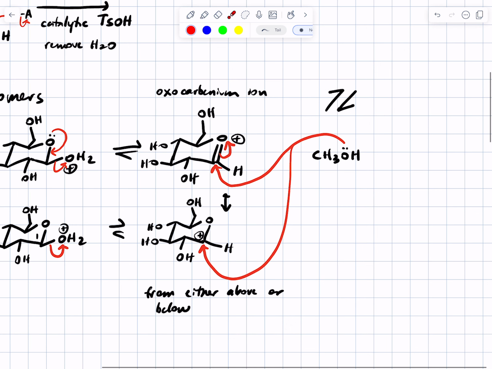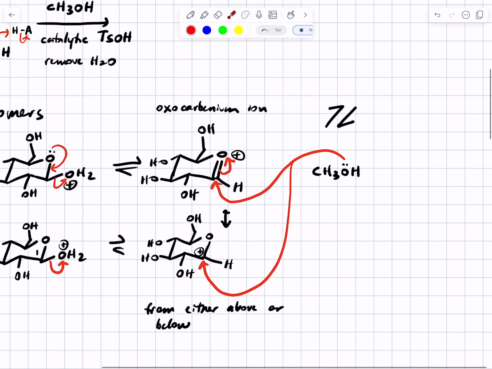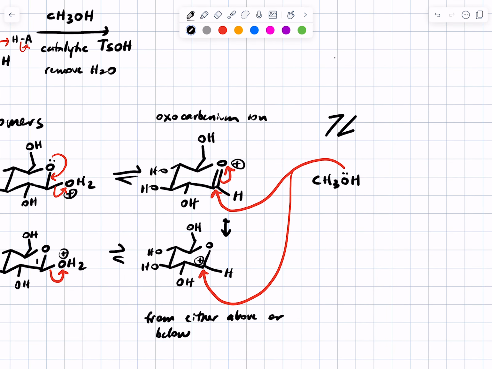Nevertheless, you would expect that preference to be small, and therefore you would expect to get both alpha and beta anomers. And the way you would draw that is just, again, the little squiggly line to the methanol with a positive formal charge on the oxygen.